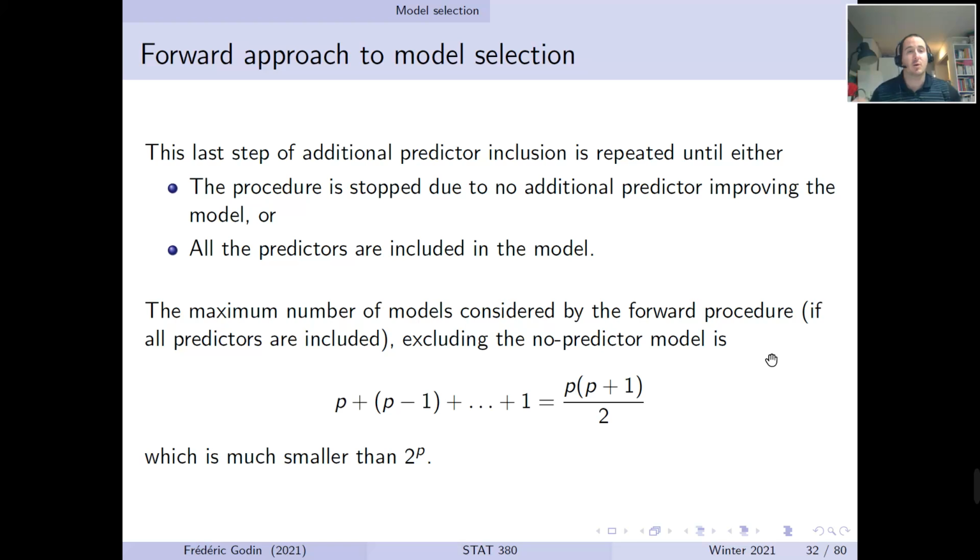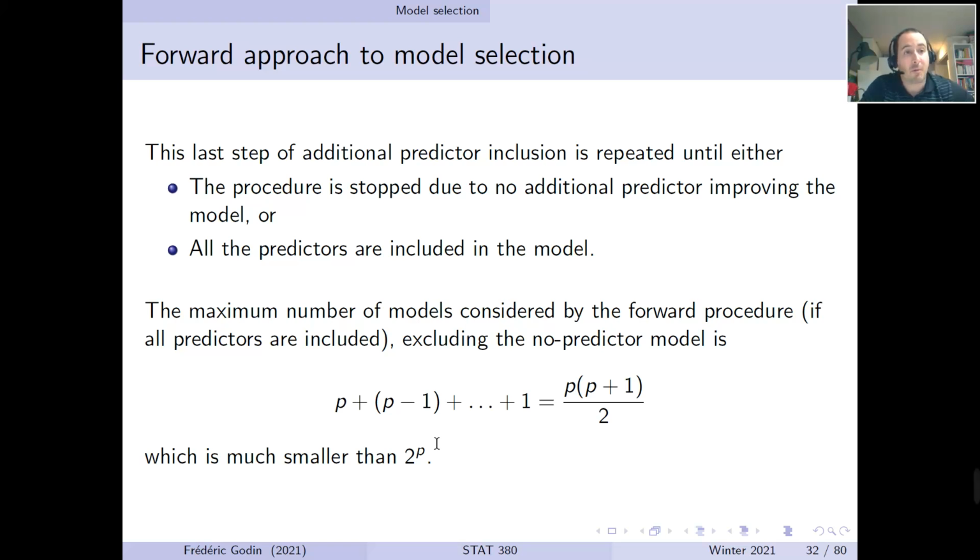Okay, so we see that ideally, if we wanted the best model, we would like to try all 2 to the power p possible combinations of predictors to look at the performance of all such combinations. But in practice, it's often infeasible because as p increases, this term explodes pretty quickly.